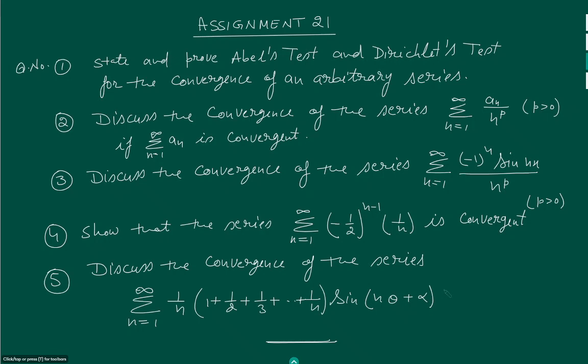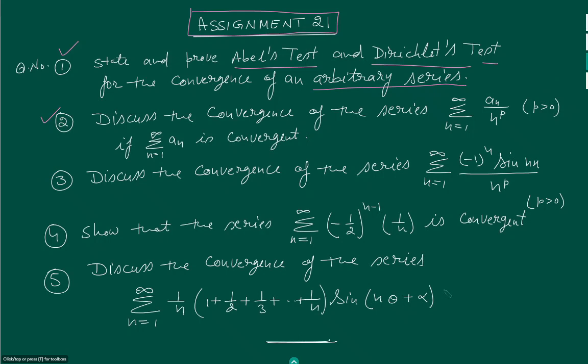This assignment is based on Abel's test and Dirichlet test, and all these exercises are based on them. The first question is: state and prove Abel's test and Dirichlet test for the convergence of an arbitrary series.